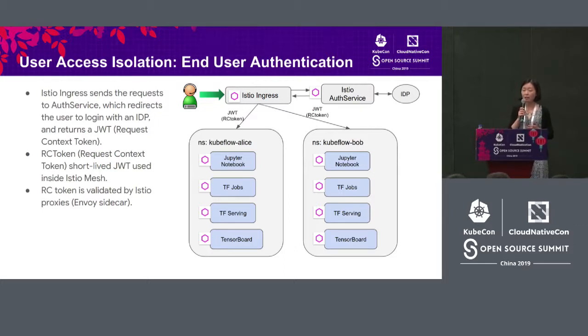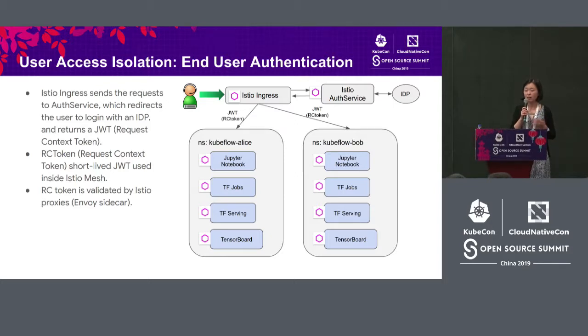If the login is successful, it will return a JWT token, which we call the request context token, or RC token. The RC token contains all the information about the source, for example, source IP, and also the end user credential. The RC token is forwardable between the workloads, and it is a short-lived JWT token that is valid only inside an Istio mesh.